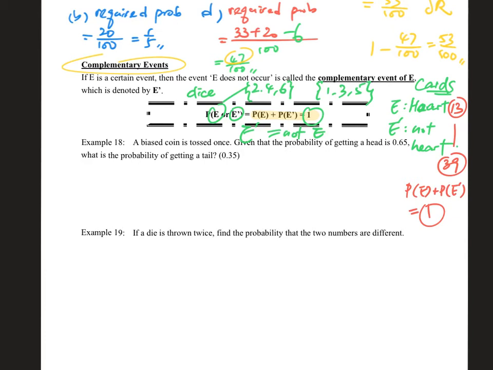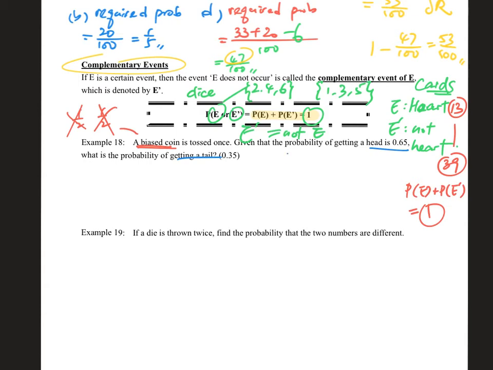Like in example 18 and 19. Example 18 is talking about a biased coin, okay? So that means you can't use 1 over 2, 1 over 2. It's wrong, because the coin is biased. It's something made especially on it. And then it tells you, if you get a head is 0.65, what if you want to get a tail?